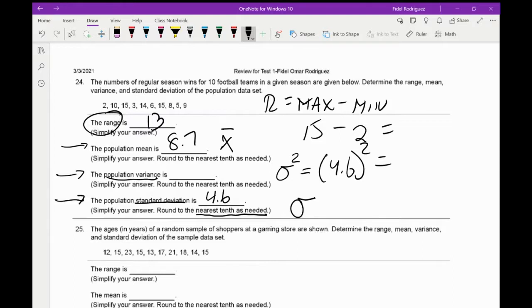And it tells me round it to the nearest tenth also. So tenth is 1 decimal place. The number that I came up with was this one right here. So if I'm going to round to my nearest tenth, that's my tenths position. So 21.2. Okay. And there's my range, my population mean, my population variance, and my standard deviation. Good, good, good.